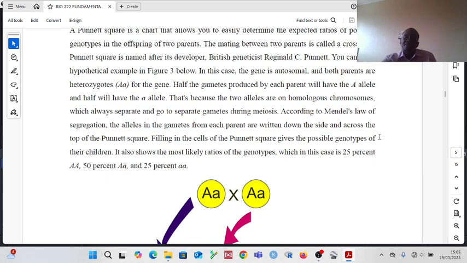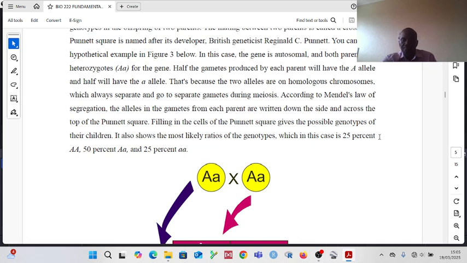So let's use an example in figure 3. In this case it is an autosomal gene, meaning the gene is located on chromosomes that don't determine sex. What is important is that both parents are heterozygous for this particular gene. So it's a diploid organism, and at this gene the mating parents are heterozygotes.